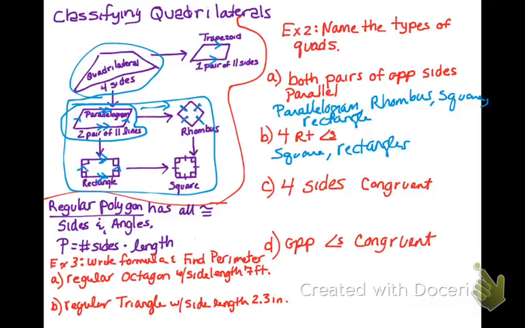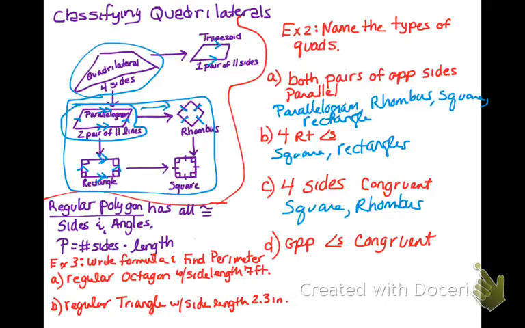I'm thinking square and rectangle. Yes, because a rhombus does not need right angles, and we've discussed that already. Now, which ones have 4 sides that are congruent? A square and a rhombus.